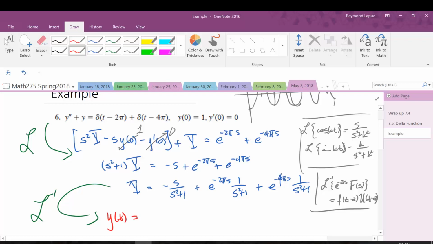All right, we have a negative, so this is going to start off with a negative cosine of t, and then now we have some shifts, and here we start to add things. s over s squared plus 1. Oh, this is negative. All right, so let's make that positive.